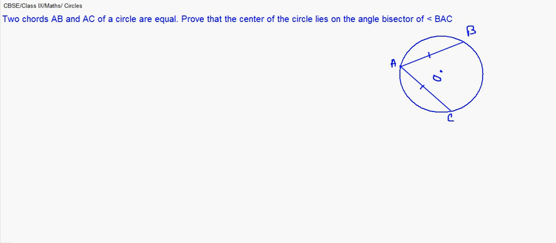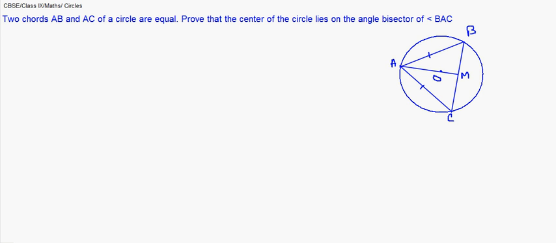I also will join this point BC because I have to make the angle bisector pass through the center, and this point of intersection I might write as M, or you can write D, whatever.